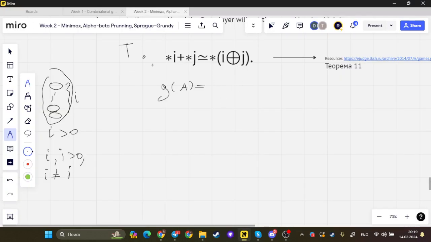Here we have one pile, here we have two piles. Okay, we use the previous fact that for any game, we can find what nim game is equivalent.